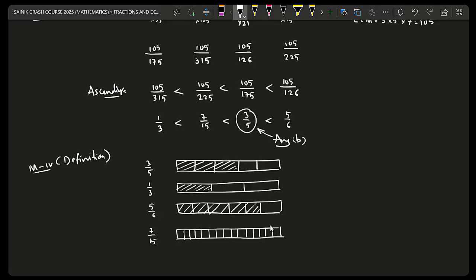So I divided 15 parts and we want to shade how many? 7 parts. 1, 2, 3, 4, 5, 6, 7. Now you can compare, Anvita, which is the smallest? Sir, 1 by 3. The smallest is 1 by 3. Just greater?